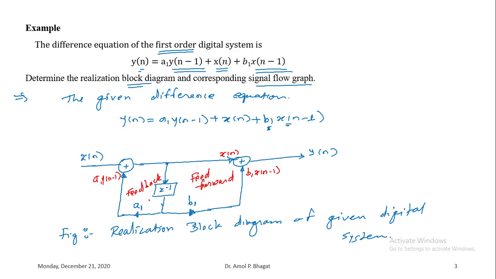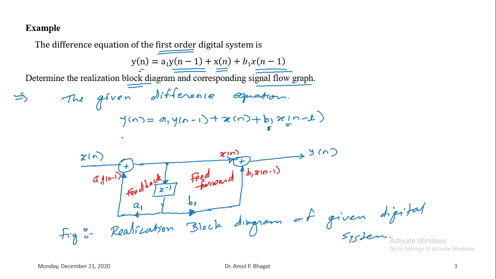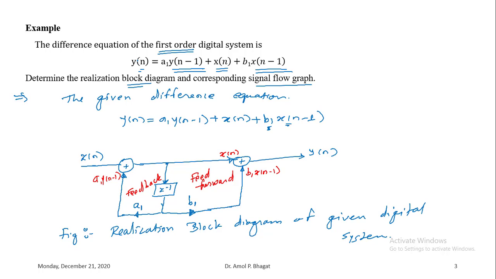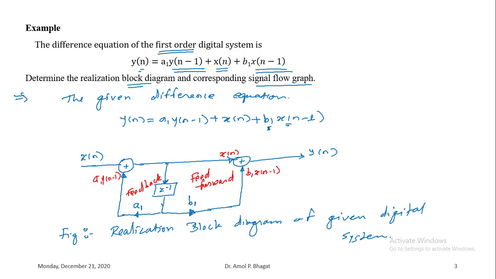Now let's try to obtain its signal flow graph. How do we obtain the signal flow graph for the realization structure? Here we'll simply represent it using connected nodes. You can see one adder is there, so for this adder this node is indicated here, and here you can see this connection node.